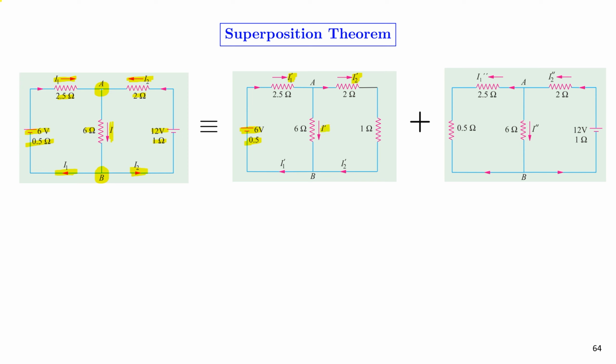The other circuit has only the 12 volt power supply having internal resistance 1 ohm, and the currents that flow in the circuit are designated as I2 double dash, I1 double dash, then I double dash.